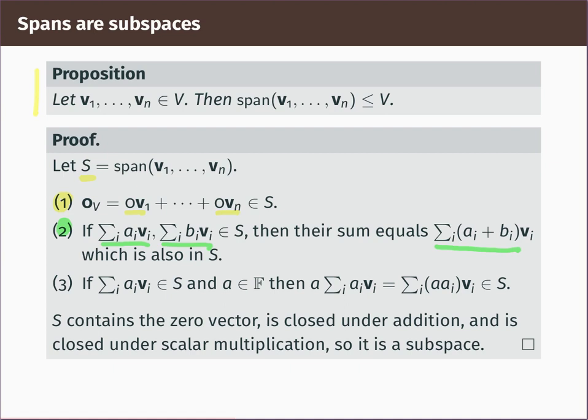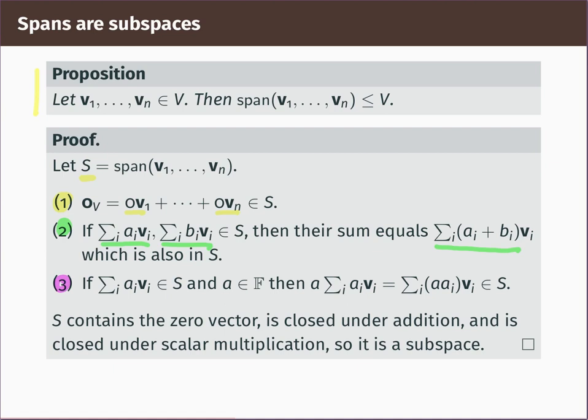That is visibly a linear combination of the vi's. It's something times v1 plus something times v2 and so on. So as a linear combination of the vi's, it's an element of S. And that means we've proved that the sum of two elements of S is again in S. In other words, we've checked the closure under addition property for our set S.